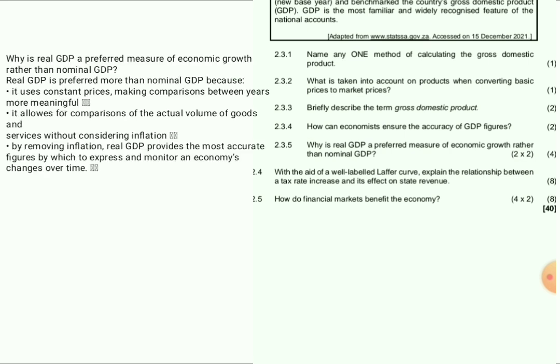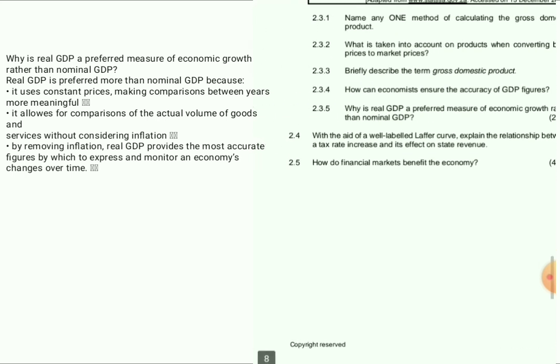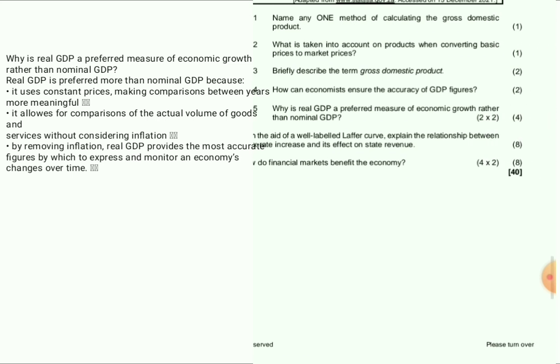It allows comparison of the actual volume of goods and services without considering inflation. By removing inflation, real GDP provides the most accurate figures by which to express and monitor an economy's changes over time. So that's it. That's 2.3.5. I've already explained it.